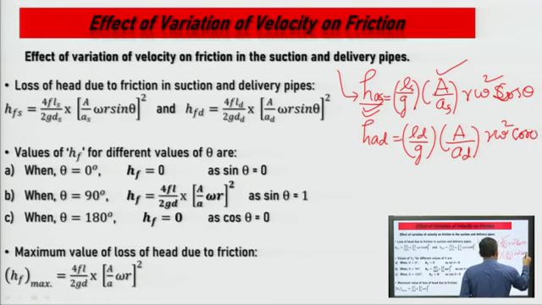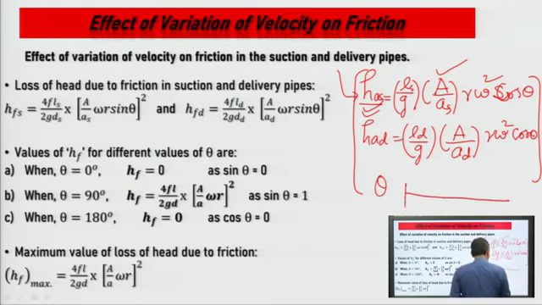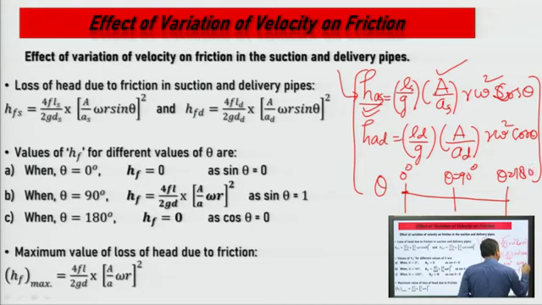There is a variation of theta: at the start theta is 0, in the middle theta is 90, and at the end of the stroke theta is 180.